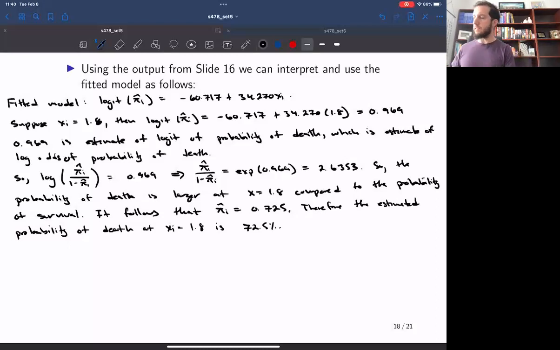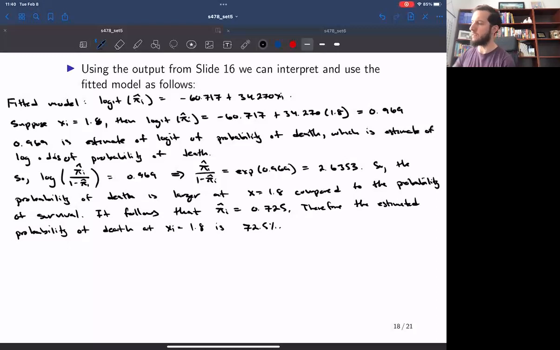Now, the second thing is actually interpreting the model parameters. In this particular illustration, interpreting the model parameters isn't overly useful because of the scale at which the dosages are sitting and how we would directly interpret the values.